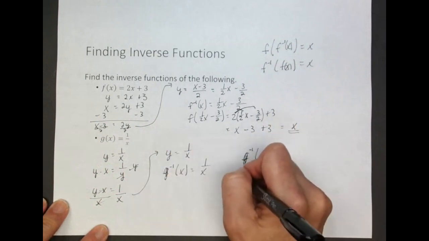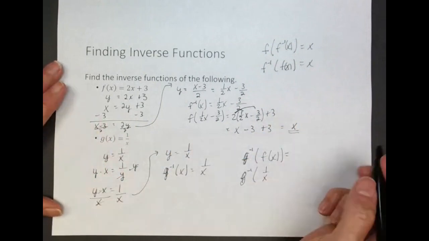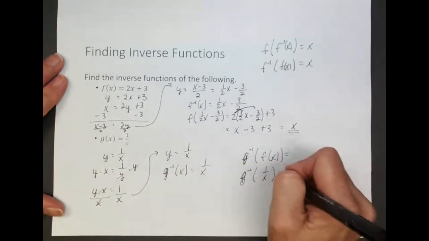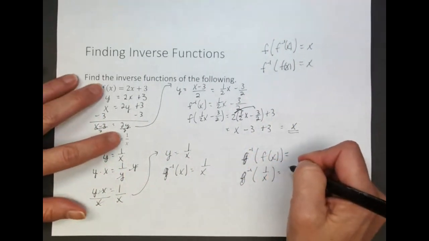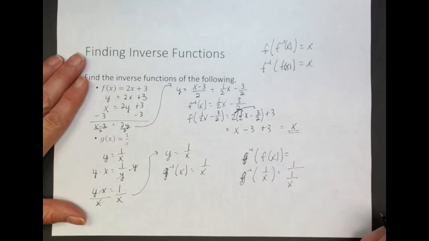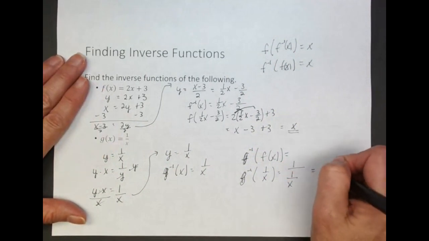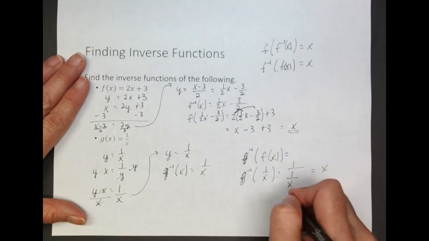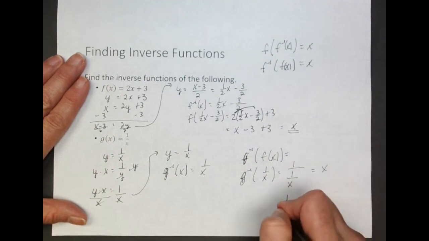Make them g's. So I really want to find g of 1 over x. Let's see what that would be. That's going to be 1 over 1 over x, which is, of course, just x. You think about that as 1 over 1 over x.